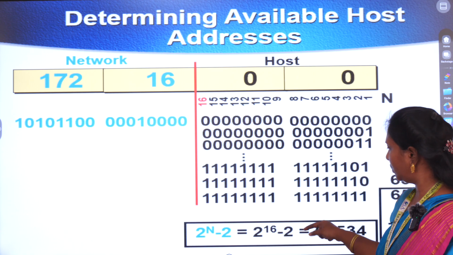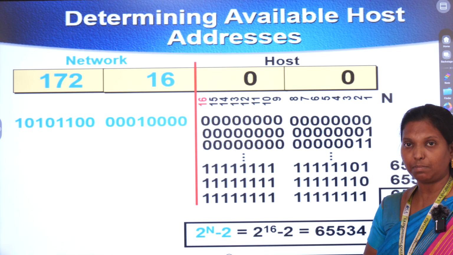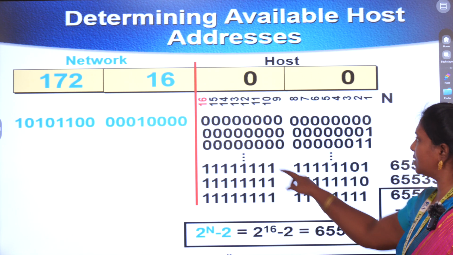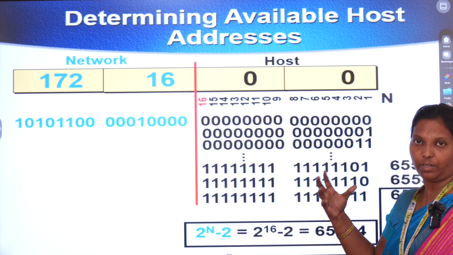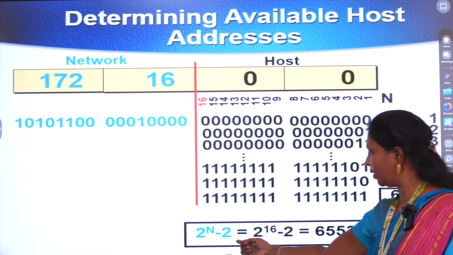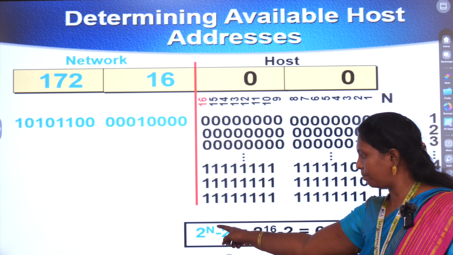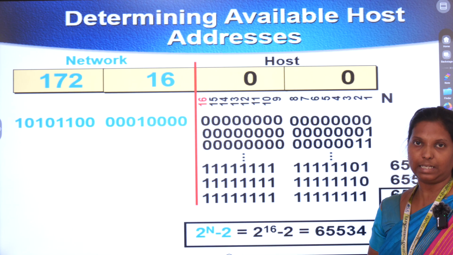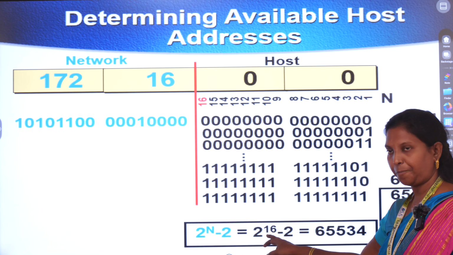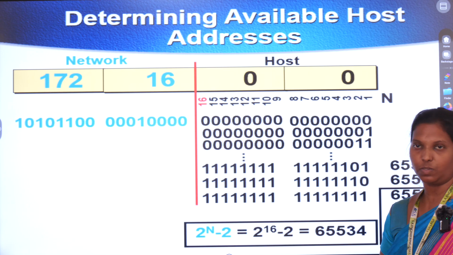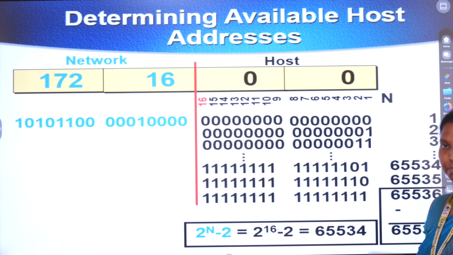But I told you that class B is capable of encompassing 65,534 hosts. So this is the description of how it controls all these hosts. The 2 is specified for the reserved category. So 2 to the power n is our target address: 2 to the power 16 minus 2 gives 65,534 hosts. So this is for the entire class B addressing.